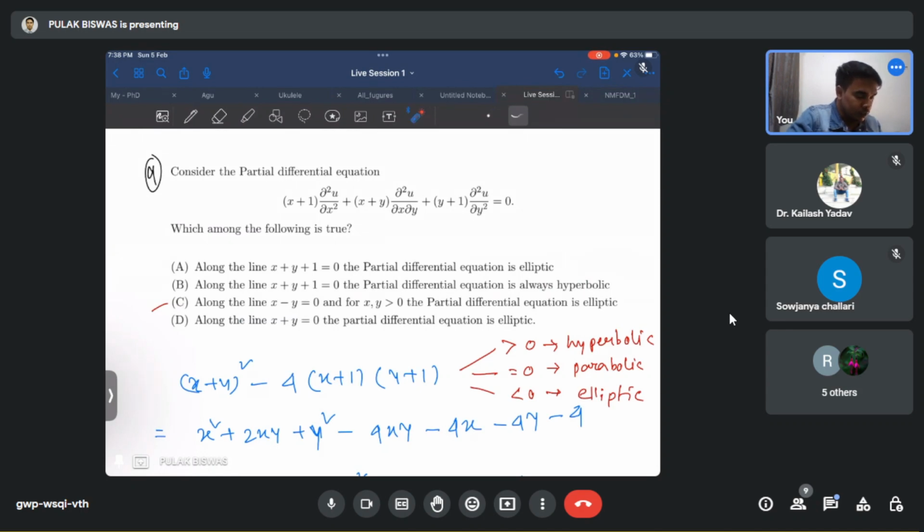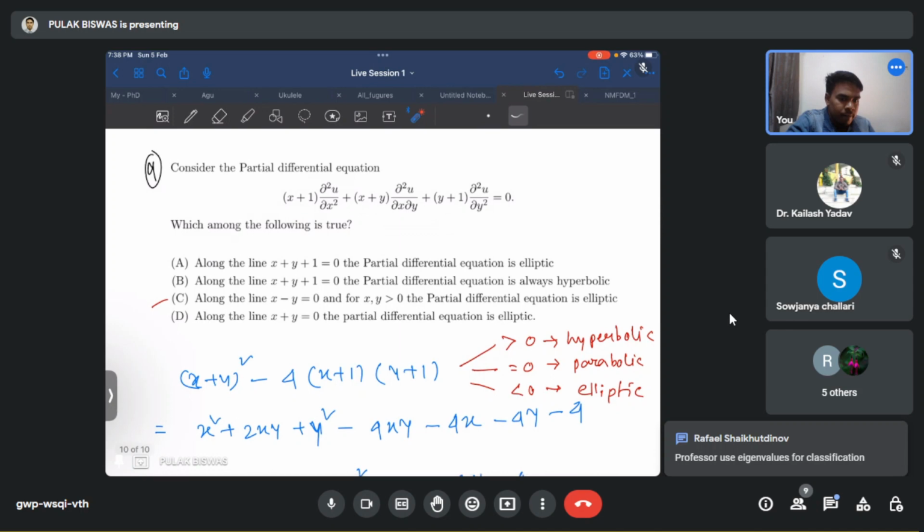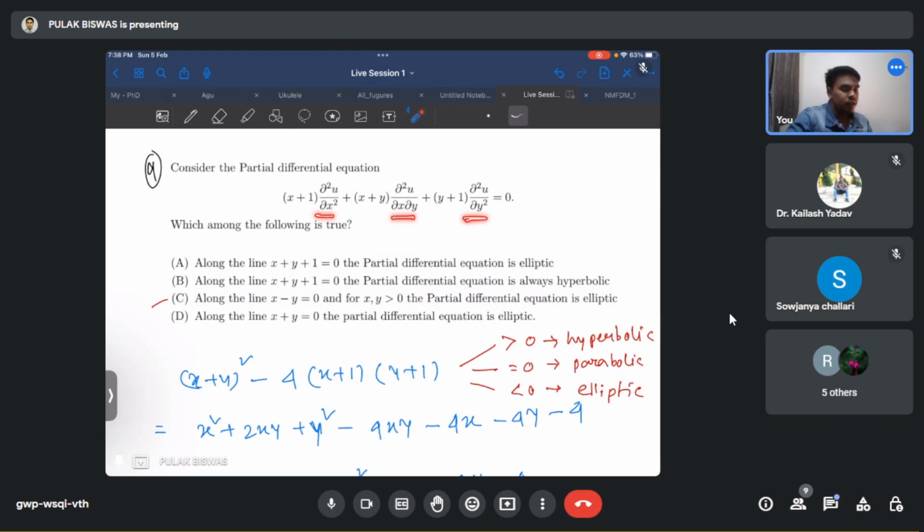So you can calculate that thing. This one is A, B, C. Here it is having only two variables, so you can directly compute using that as well.